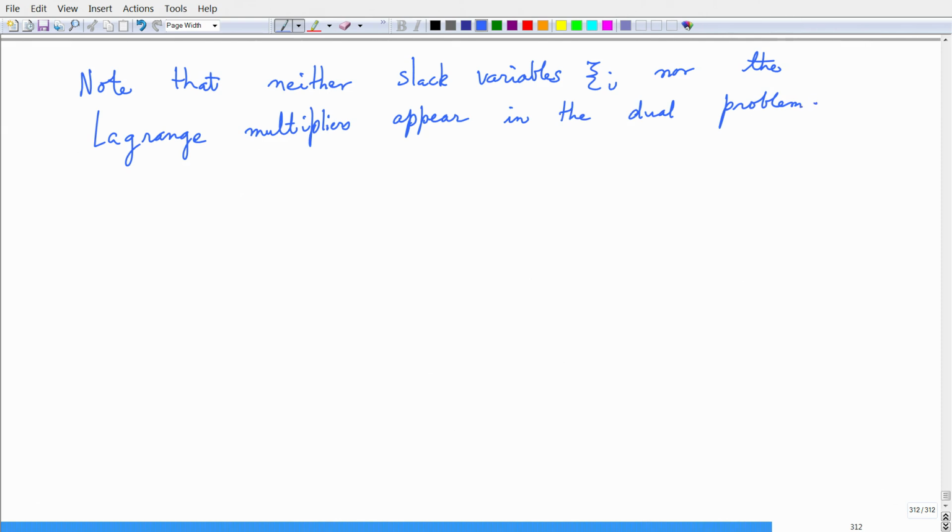And the only minor difference is how you bound alpha I to be between 0 and C, as against the separable case where alpha I is greater than or equal to 0.